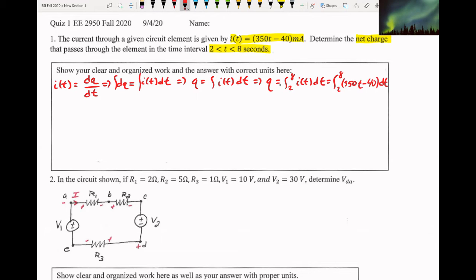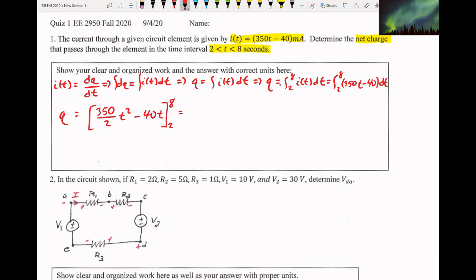So when we do that, we're going to get q is equal to 350 over 2 times t squared minus 40t. Okay, and this is from 2 to 8.